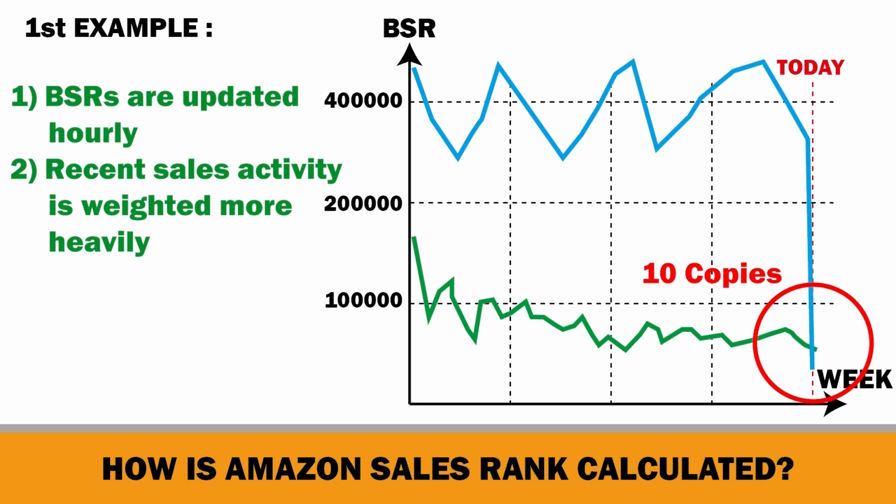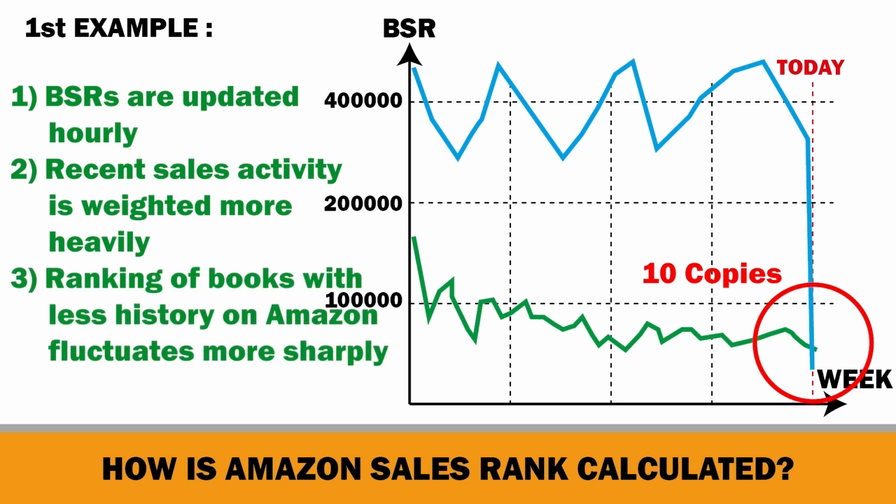So even though Book A sold 60 to 90 copies in the last month, selling 10 copies on that specific day may bring Book B's BSR lower than Book A. However, it doesn't mean that it will stay like this for a long time. The day after, Book A's BSR may be calculated again lower than Book B if Book B doesn't get any sales.